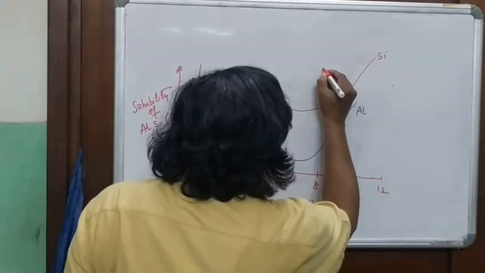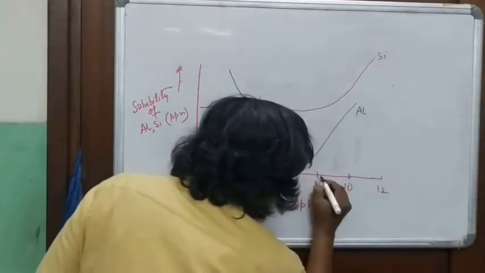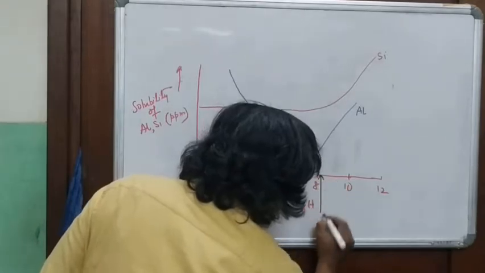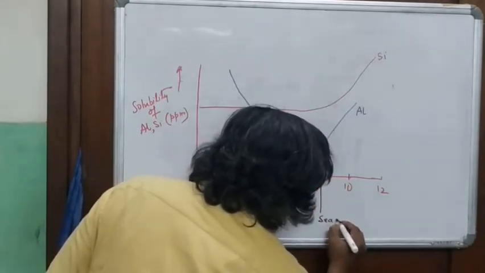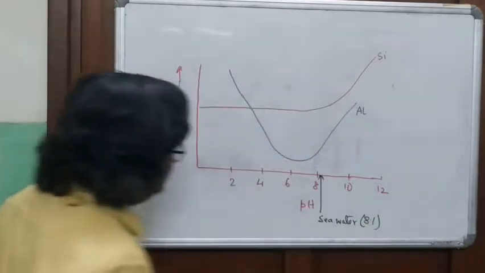This value here is the pH of seawater, 8.1.